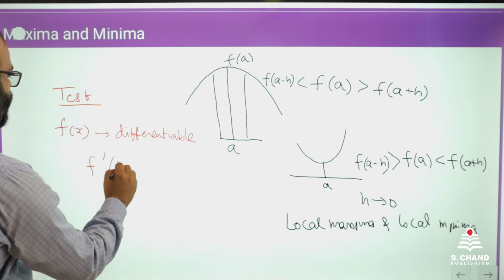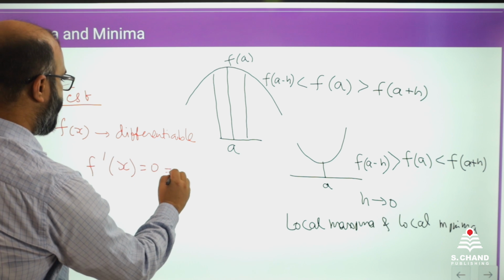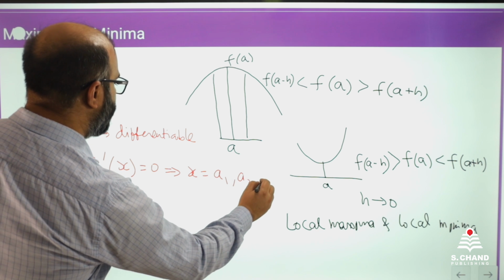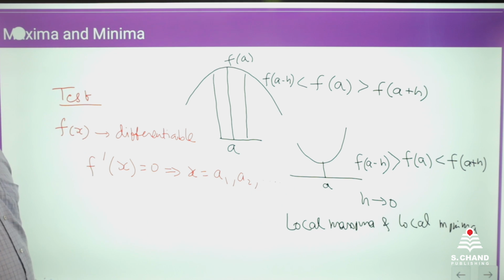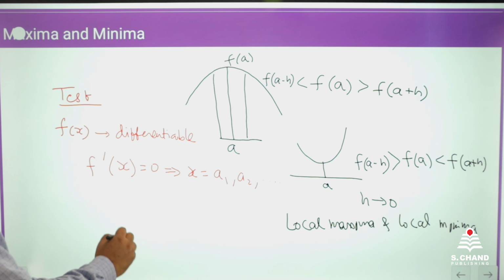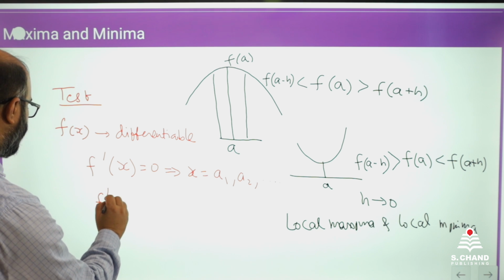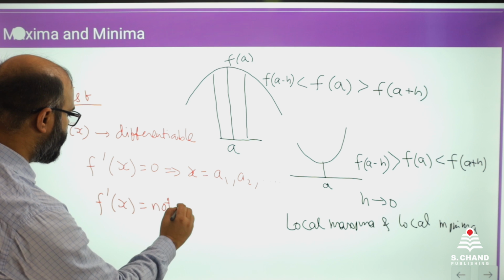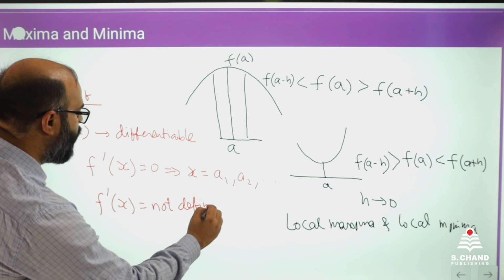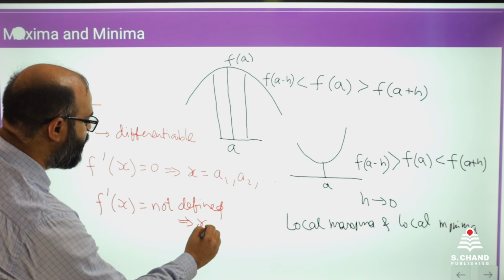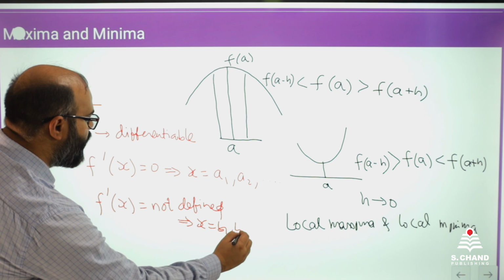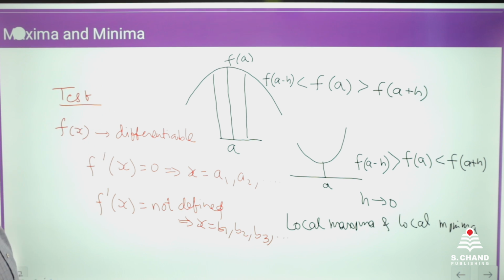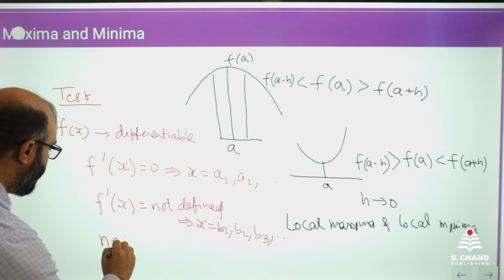And if f dash x is equal to 0 at some points x is equal to a1, a2 like this, then these are the probable points of maxima or minima. Or if f dash x is not defined at some point, then also those points may be points of maxima or minima. So this is the necessary condition, not the sufficient condition.